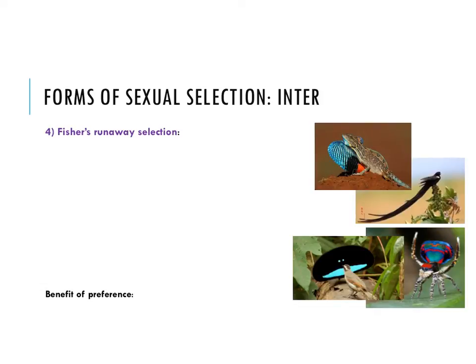Fisher's runaway selection is almost kind of the opposite idea. So mate preference is completely arbitrary. And by arbitrary, I mean neutral in regard to natural selection.